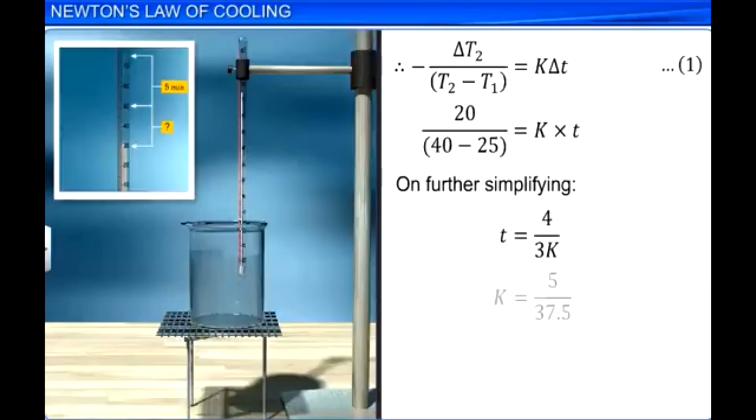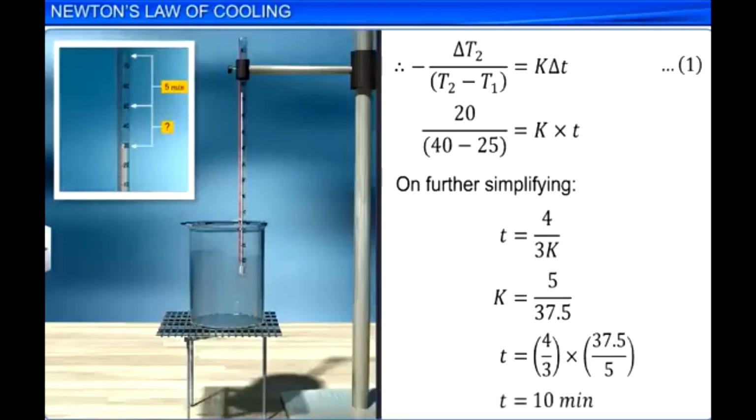Substituting the value of K and simplifying, we get the value of T equal to 10 minutes. Therefore, it takes 10 minutes for the temperature of the water to fall from 50 degrees Celsius to 30 degrees Celsius.